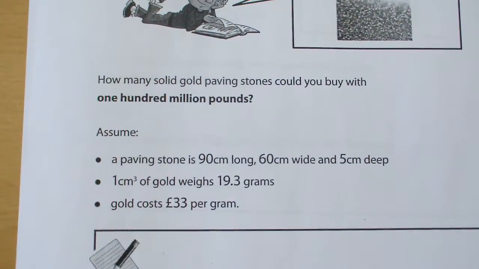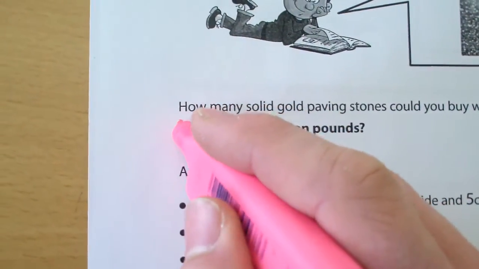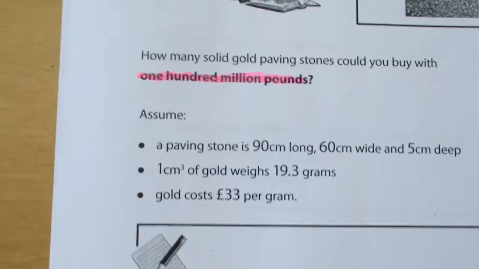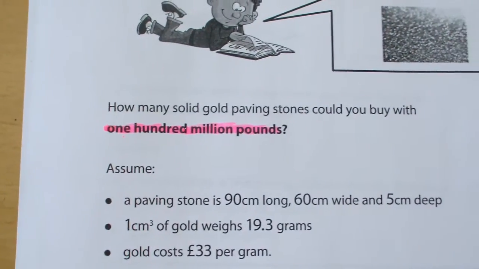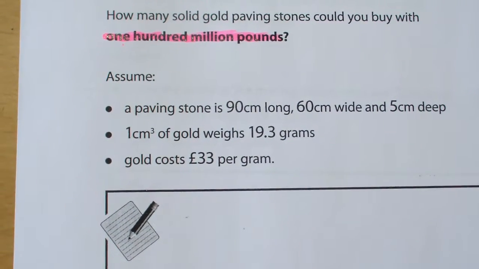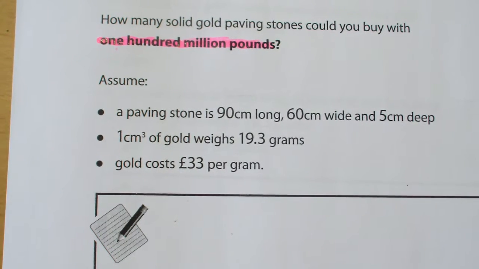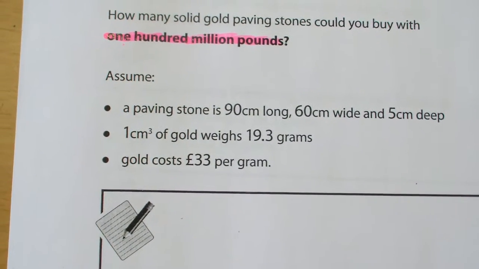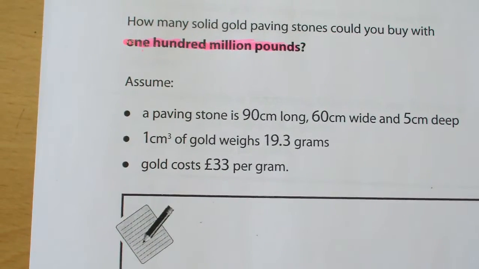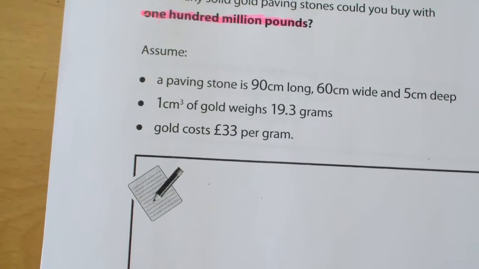So, moving back to the question, you're given information that you have £100 million to spend on some solid gold paving stones, and you need to assume that a paving stone's dimensions are 90 by 60 by 5 centimetres. 1 centimetre cubed of gold weighs 19.3 grams, and gold costs £33 per gram.